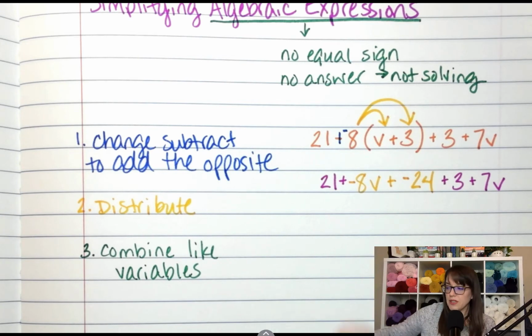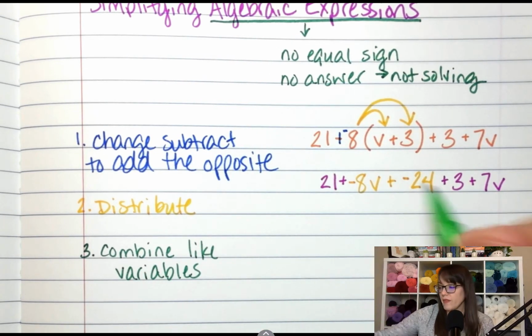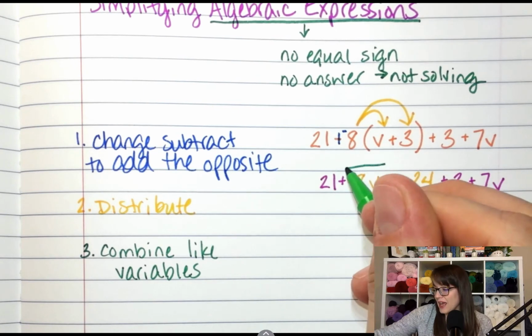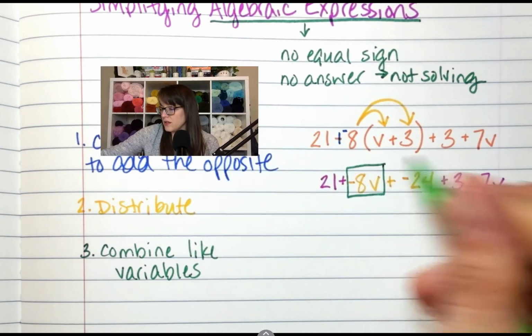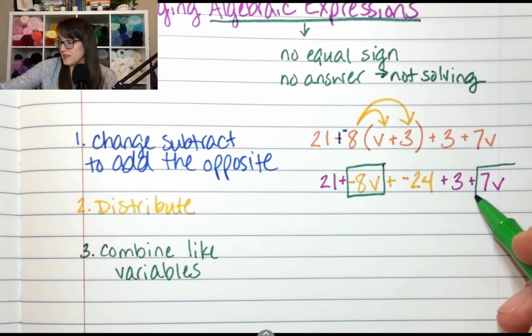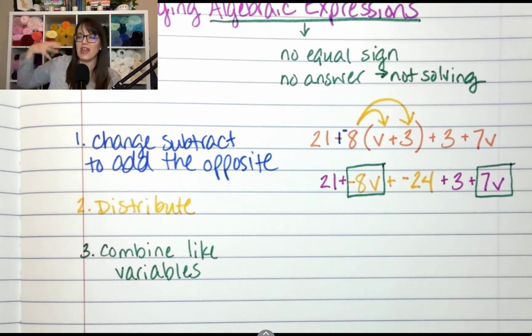So my variable in this situation is only v. So I have a negative 8v and I have 7v's. So if I have negative 8v's and I add 7v's to that, how much do you have? What's negative 8 plus 7?